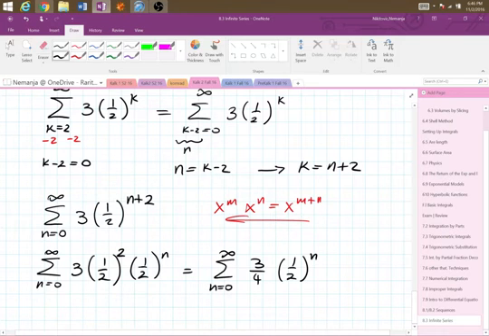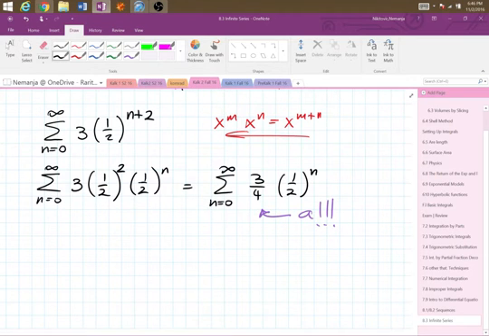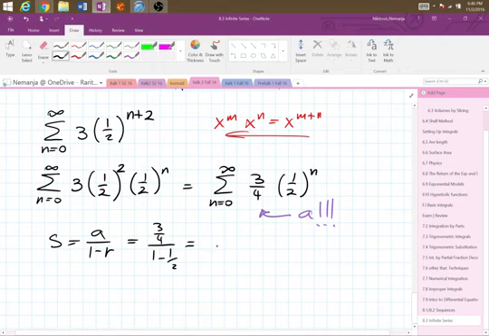So now you know A is 3/4, R is a half, and you can find the answer. So now you can compute the sum, because we know that A is 3/4. And the sum is 3/2.